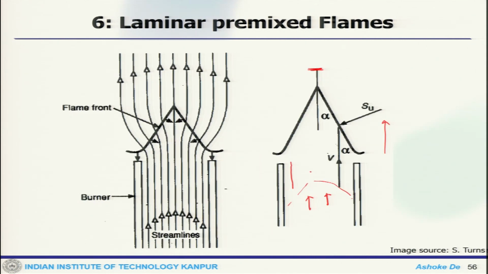That means, the burning velocity acts normal to the flame front. Now, if this gas velocity reduces and at some point SL becomes higher, then the flame would start propagating upstream, and that will lead to flashback.